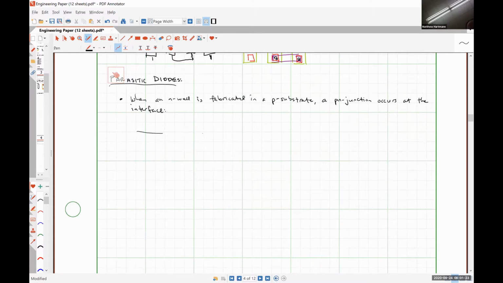So we have a simple situation like this. Here's our N well. The N well serves as the cathode, and the P well serves as the anode.